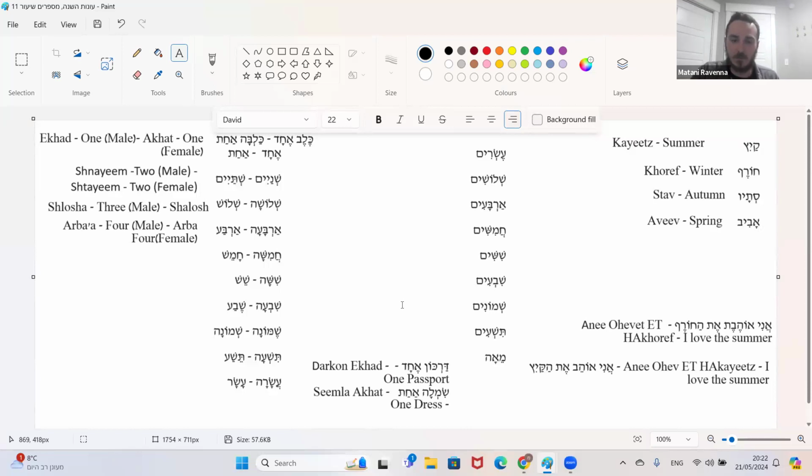You can easily say shalosh, shtaim, echad, or shlosha, shnaim, echad. 3, 2, 1, which also works in English. My room number is 321, and rooms have no gender, so that will work. Did that clarify that, sir? Yes. So when it has no gender, when it's basically an inanimate object, we could use the male. Yes, sir.